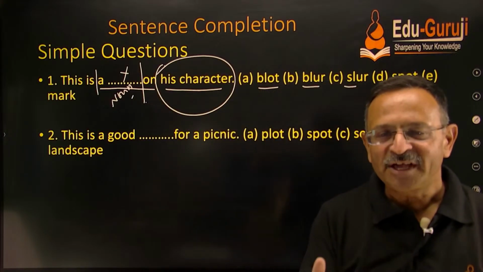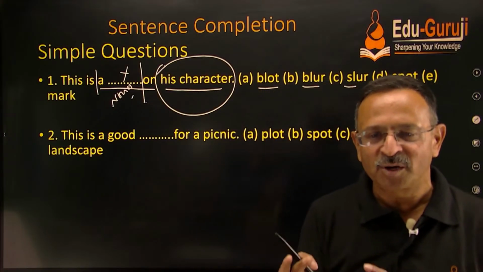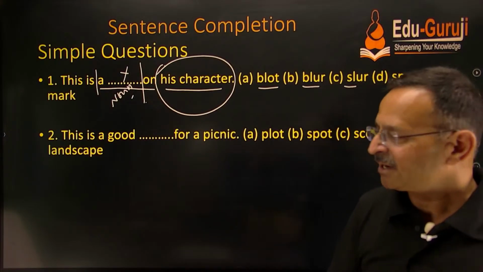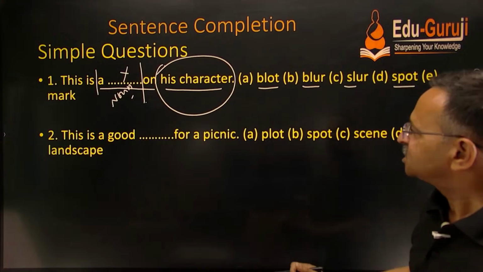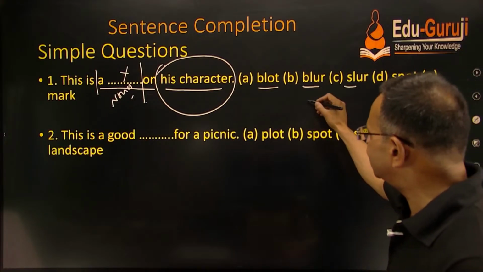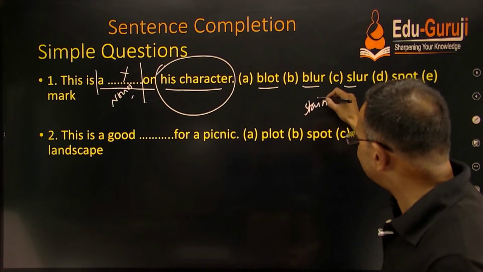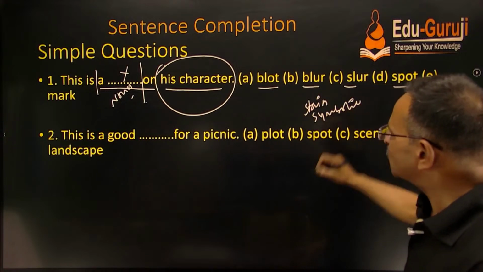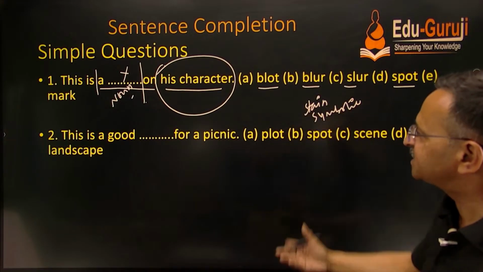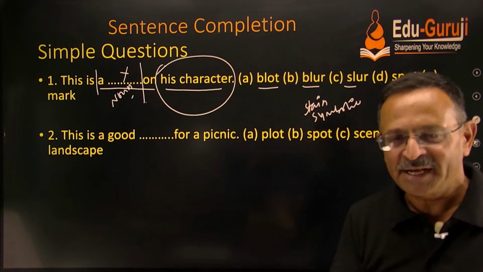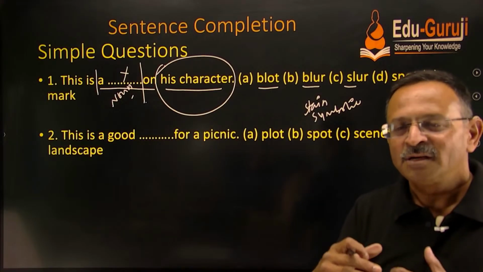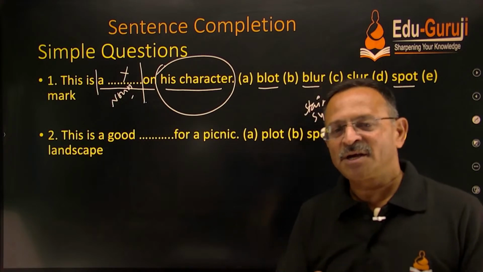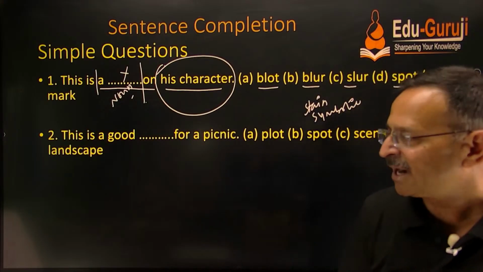So something which is talked about on the person's character, his integrity. So blot is actually a stain. It's a stain, or it's more symbolic in nature. So if we say this is a blot on his character, it would be a stain, and it remains more or less permanent also.